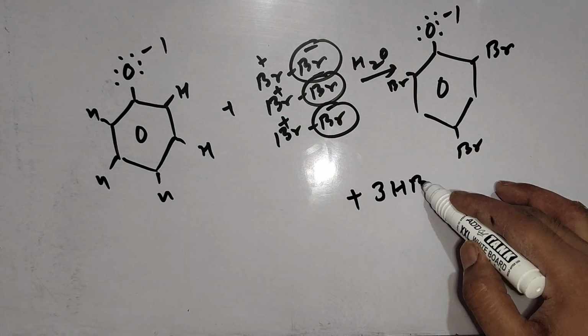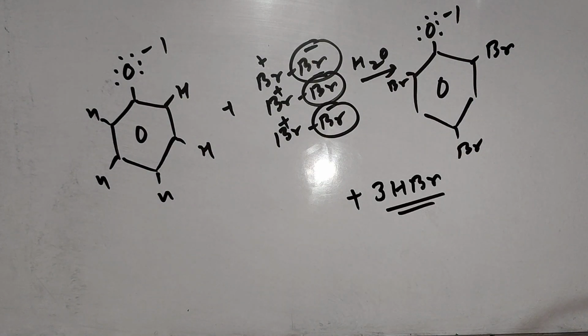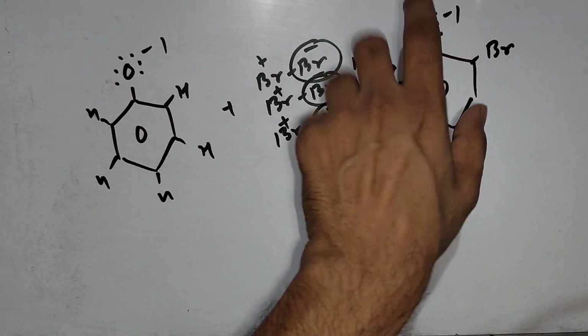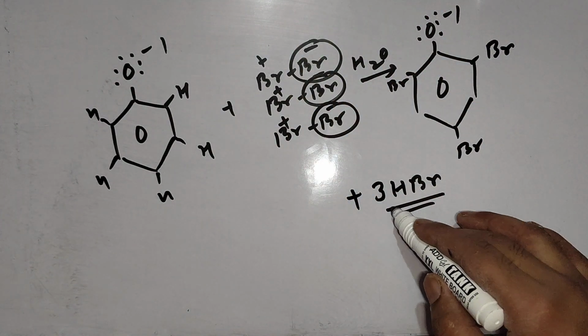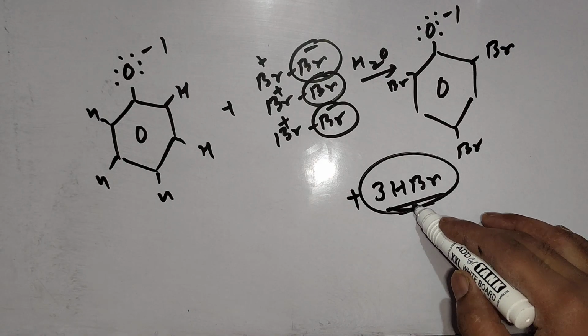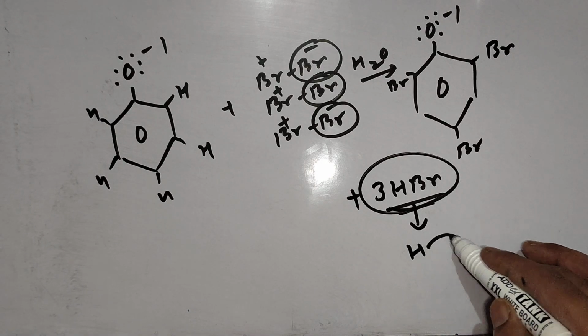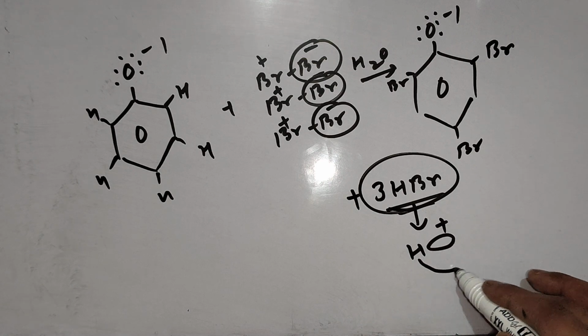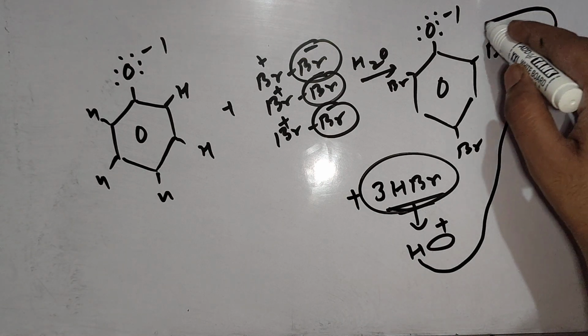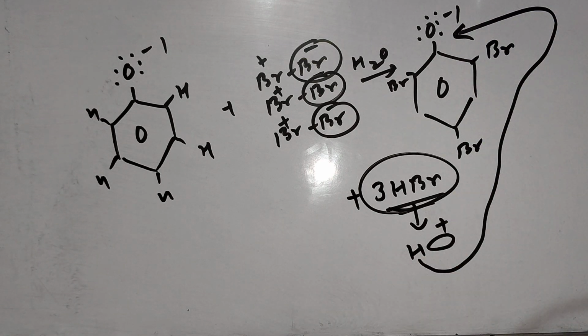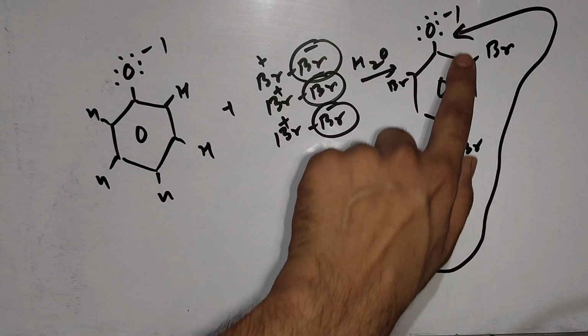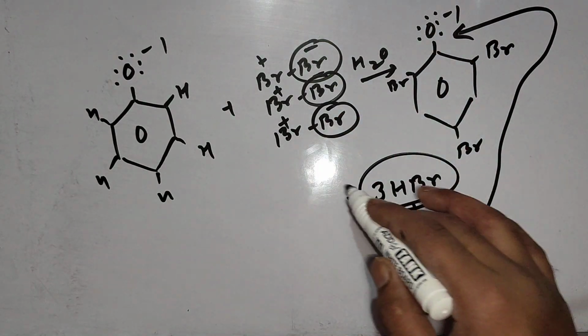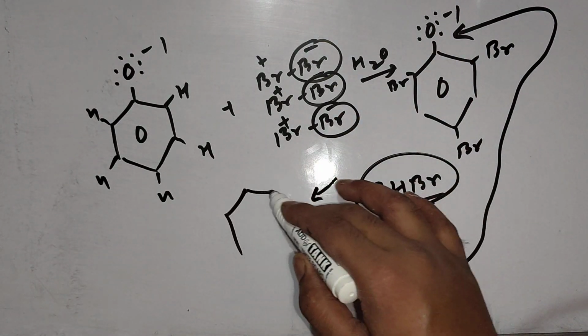3 particles of HBr. Now finally what will happen, this O negative will not remain like this. HBr is acidic in nature, you know they will deliver H positive ion definitely. So some of these H positive ions will be absorbed by O negative, which has a vacant orbital, extra lone pair on oxygen, and a dative bond will generate.